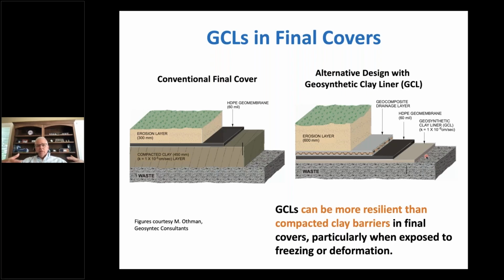Getting back to what we just talked about in the liner slide, here we're not going to be exposed to really aggressive liquids. We're largely going to be contacting whatever moisture is in the subgrade directly below the GCL. We may have ions diffuse upward into the GCL from the subgrade, and we know that happens, but the pore water in a subgrade tends to be very dilute, nothing like a very aggressive leachate.